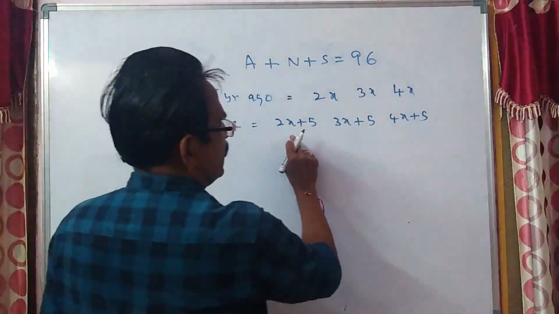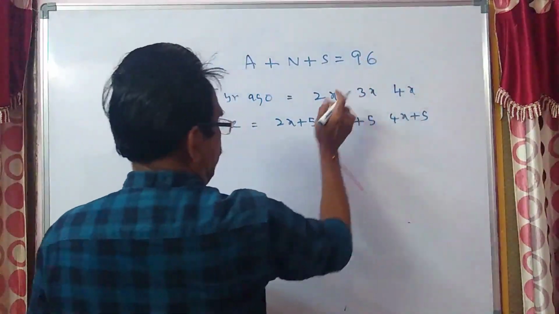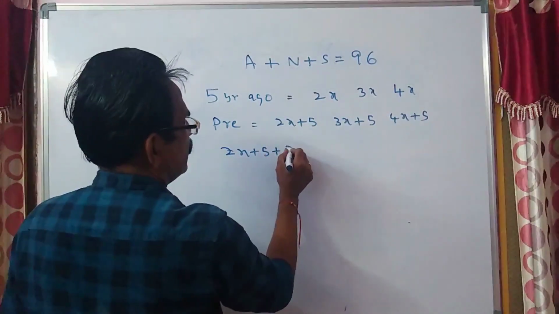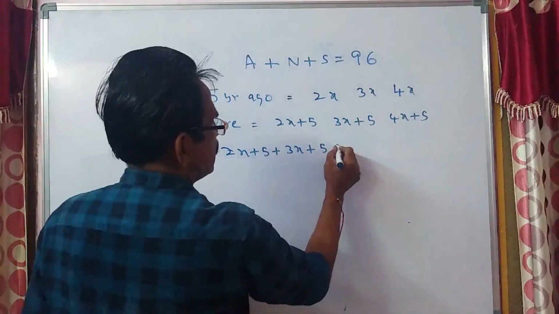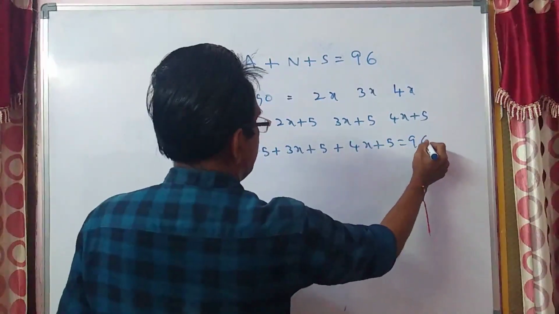And the sum of these three ages is equal to 96. So 2x plus 5 plus 3x plus 5 plus 4x plus 5 is equal to 96.